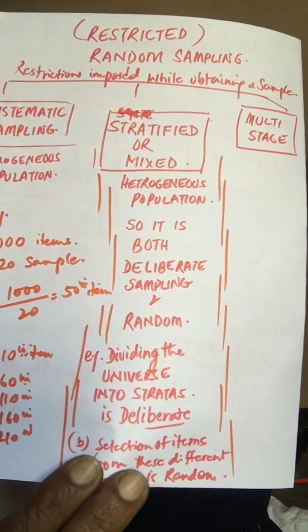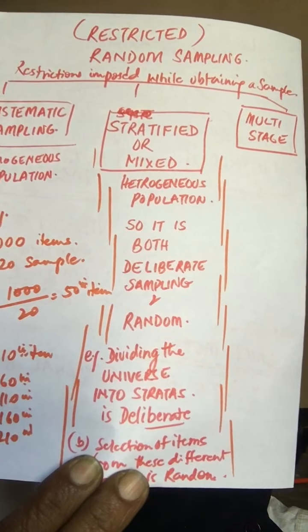For example, if the population has 1000 items and a sample of 20 items is to be taken, 1000 divided by 20 is 50. Every 50th item you can take, one out of every 50.